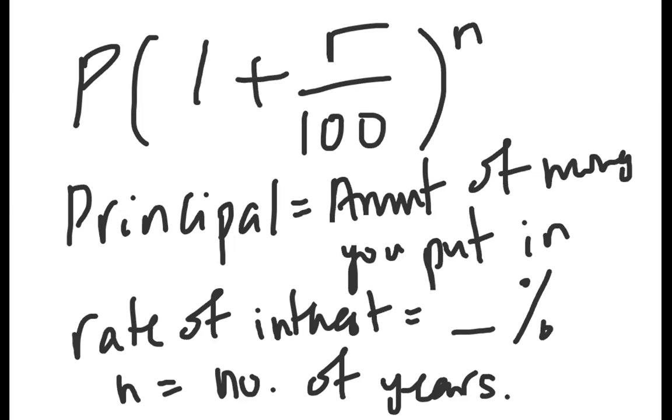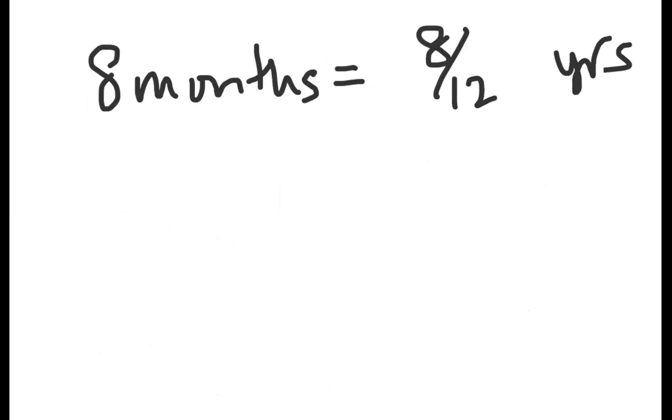If they ask how much money he will make in 8 months, it's 8 over 12. You convert 8 months into years, so it's 8 over 12 years, which divided by 4 is 2 over 3, which is 2/3 years.